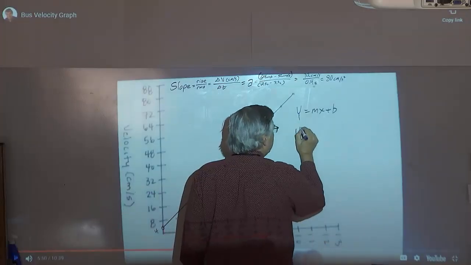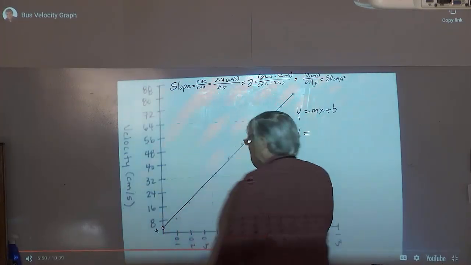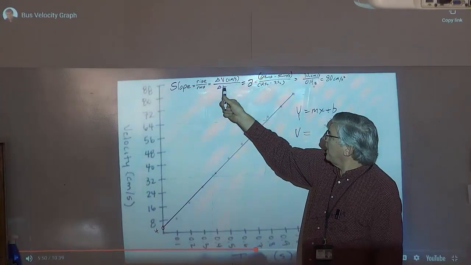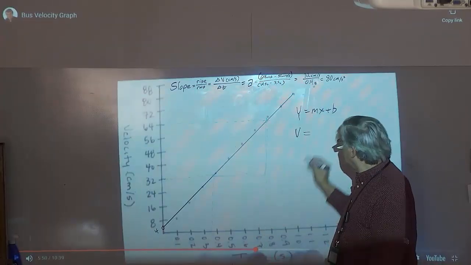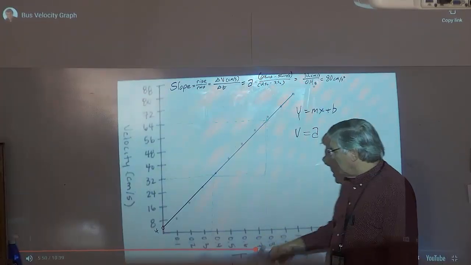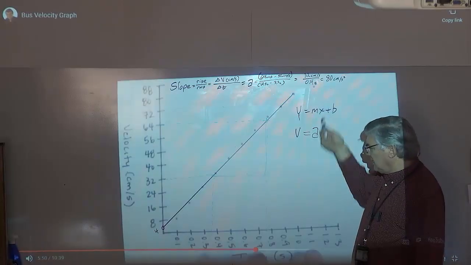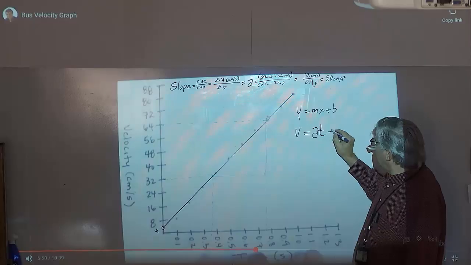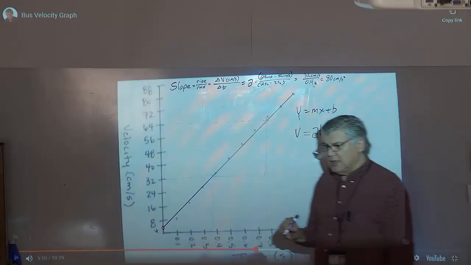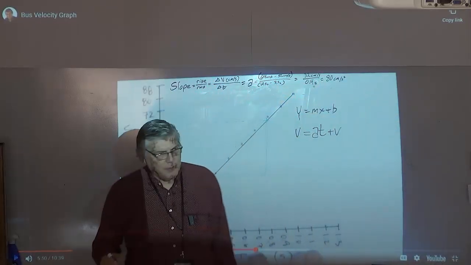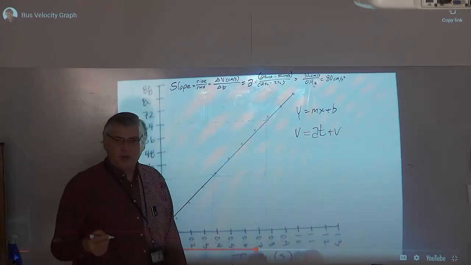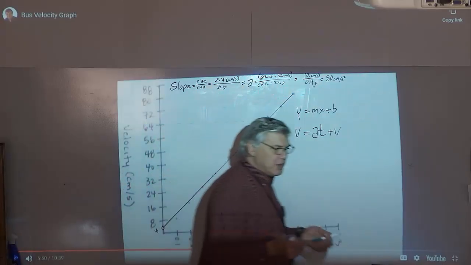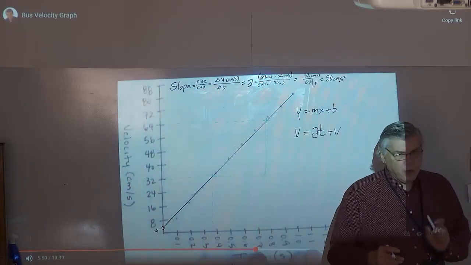So let's call this velocity is equal to, well, I just said that the slope of the line, change in velocity over change in time, is acceleration. So that's acceleration. And x, in this case, x is my time unit, and this is some other velocity. This looks really familiar. And if you look on page 14, your equation sheet, you'll find that this equation is right there, slightly rearranged.